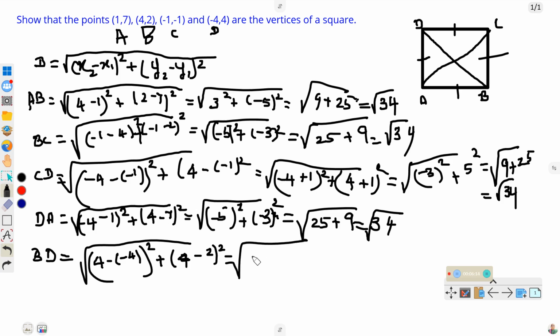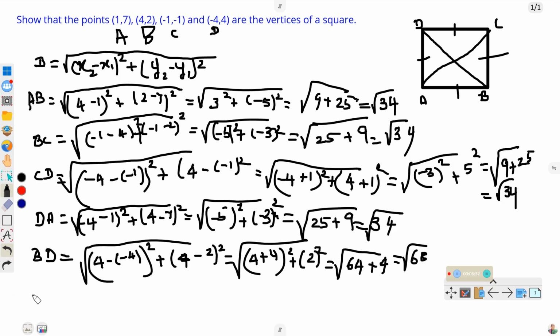The square root of 8 square plus 2 square, 8 square means 64 plus 4. One diagonal we are getting is root 68 units.